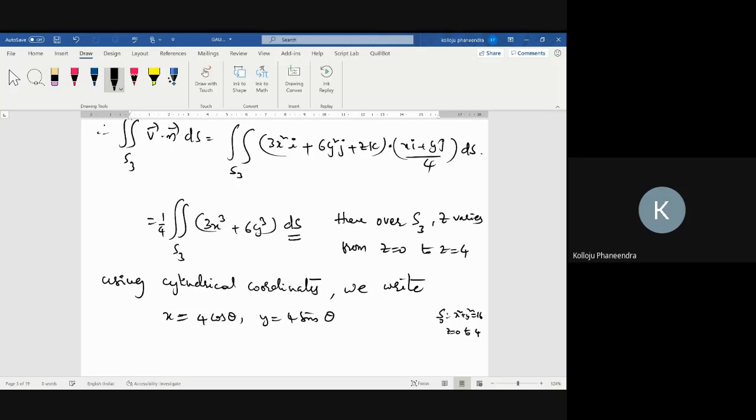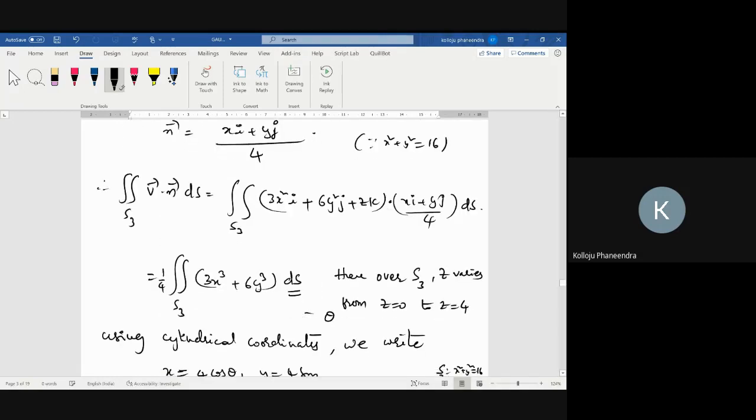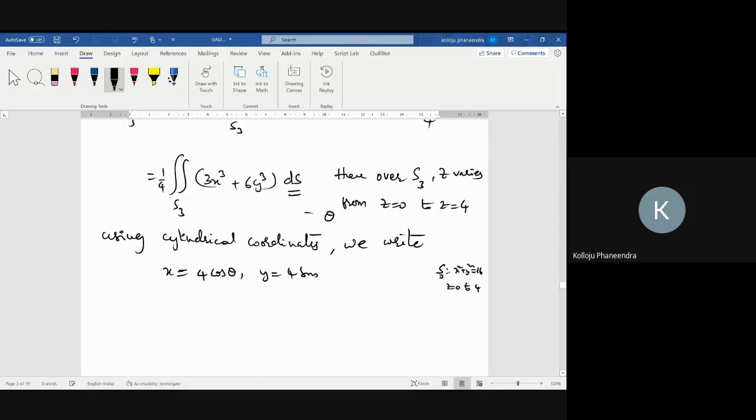One more important point: this is over S3 now. Over S3, ds is, actually in the xy plane, dx dy. But here z is always varying, therefore there must be dz.